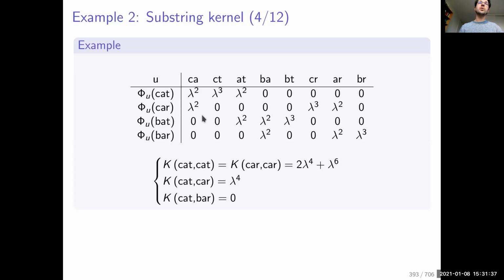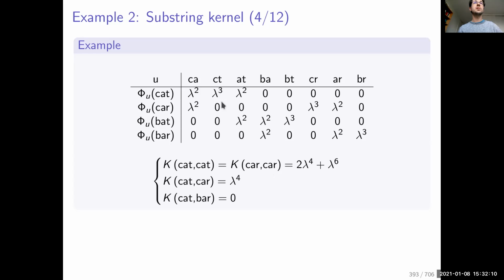So I can do that for every row. Now, when I compute the kernel between two sequences, I simply compute the inner product between rows. Here, the row cat is simply phi of x, where x is equal to cat. So I compute the inner product between phi of cat and phi of cat.